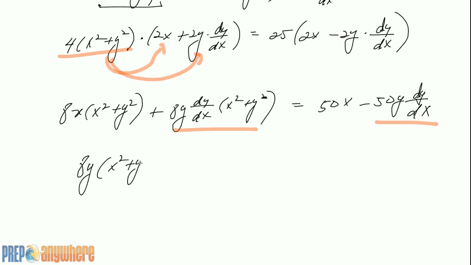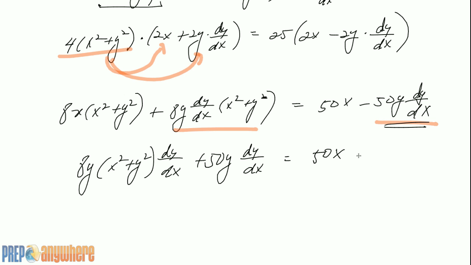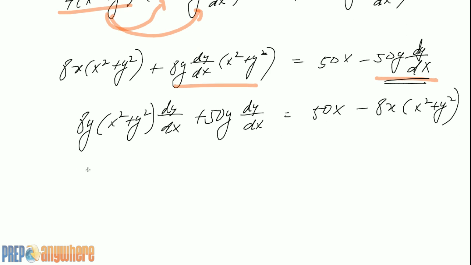Let me write it like this. Bring it over, you get 50y. You add both sides by this exact amount, and you get 50y dy over dx. And then factor out dy over dx.